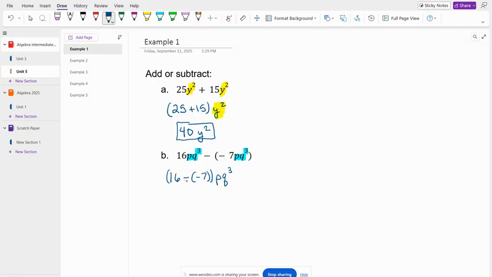And when we have a minus a negative, we can think about this as 16 plus 7 pq to the third, which is 23 pq to the third. So again, we just need to see that like term happening in both of the terms in order to be able to combine them.